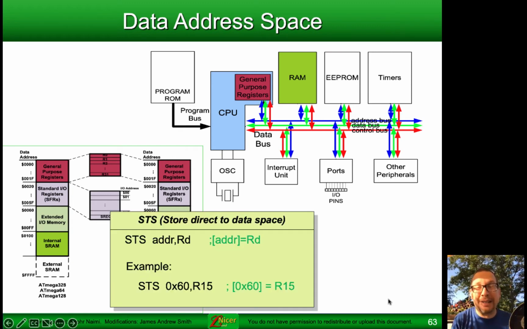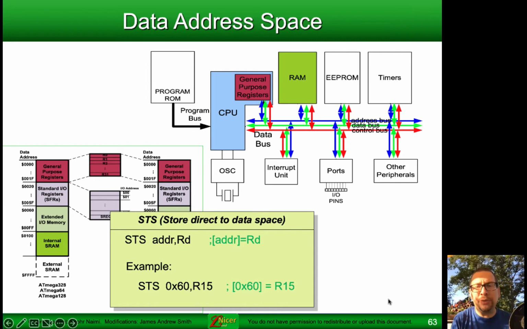So here's an example of moving data around using the STS command in assembler, or store direct to data space. So we would say STS space address, comma, and the register. For example, if we wanted to take data that was in register R15, we want to place it in address 0x60 hexadecimal.